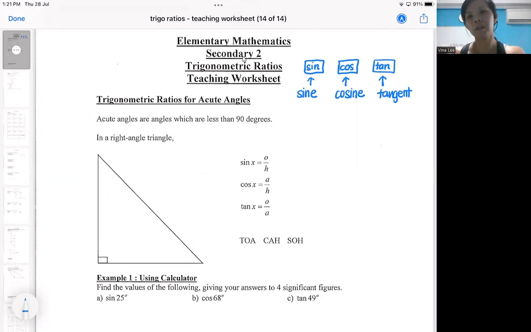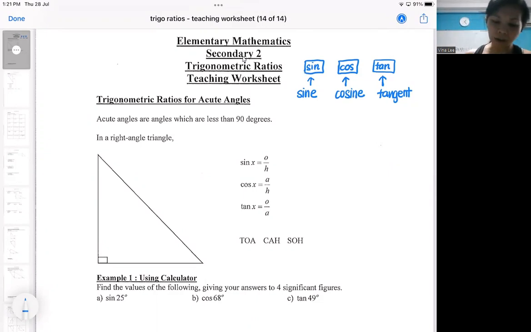These three words are going to represent three different ratios, and the ratios will come from the lengths in a right angle triangle. At the end of this idea, you will have three formulas. These are the three functions that come out with three formulas. What will the three formulas do?